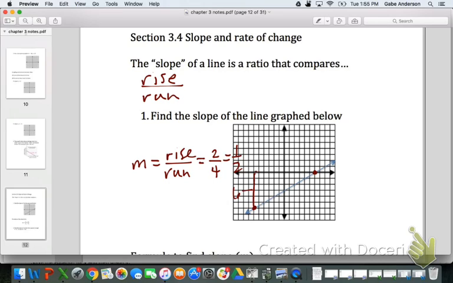And my run would be 1, 2, 3, 4, 5, 6, 7, 8, 9, 10, 11, 12. So my rise over run would be a rise of 6, a run of 12, still reduces to be 1/2. So you see my point there? No matter how you draw the points, as long as you draw points that are actually on the line, you should get the exact same slope.